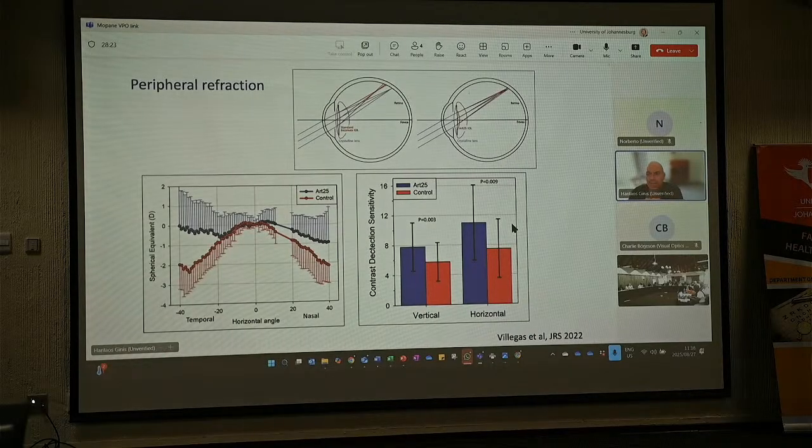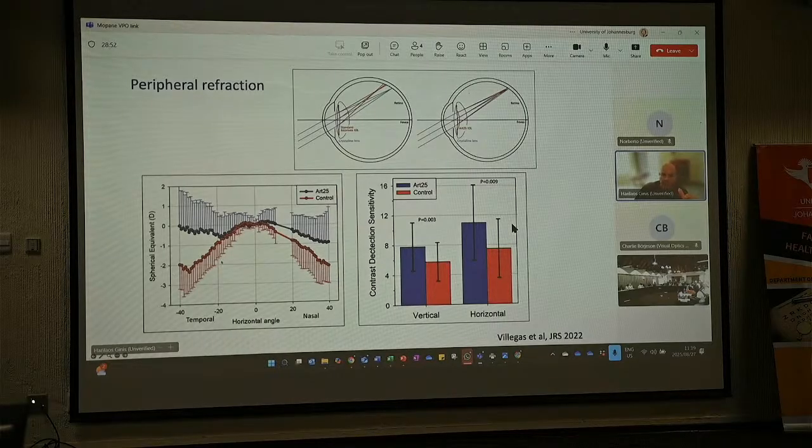Here's an example of how peripheral refraction looks in the human eye after cataract surgery. In the pseudophakic eye, you see this characteristic myopia in the periphery. This is visual angle, and this is the amount of defocus or spherical equivalent.